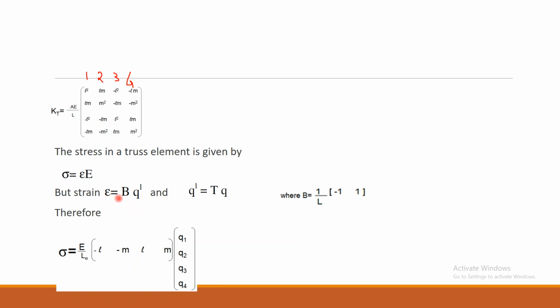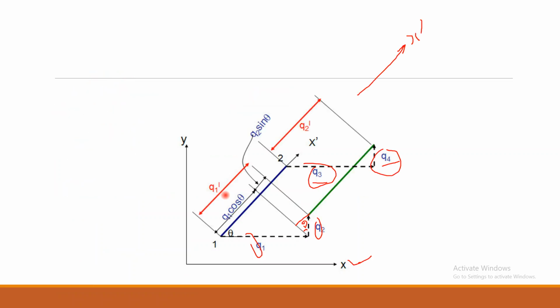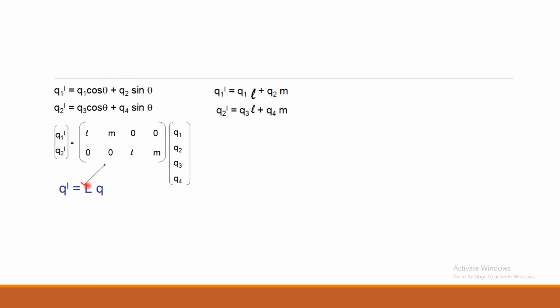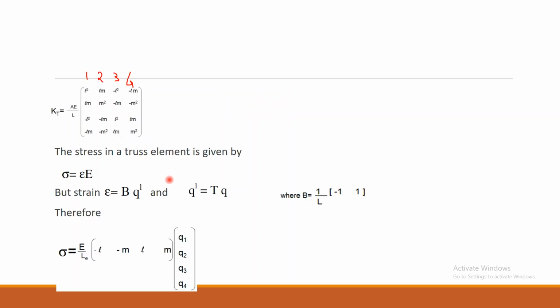So it's nothing but B into Q dash. So what is Q dash from our previous slide? It is nothing but T into Q. Sorry, T into Q.